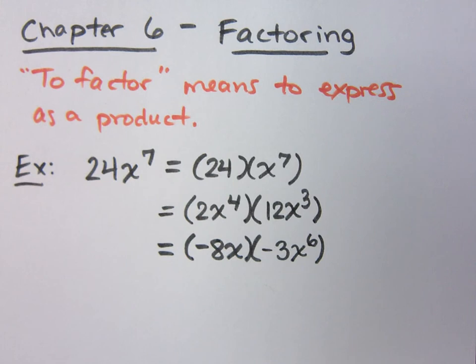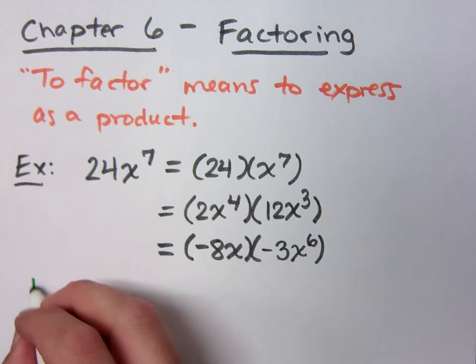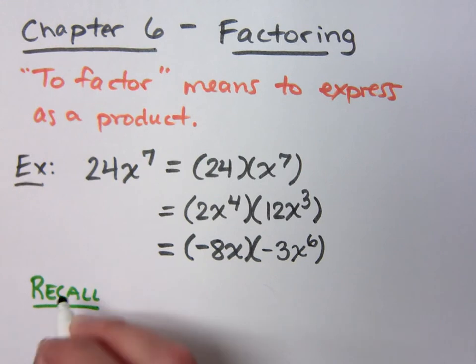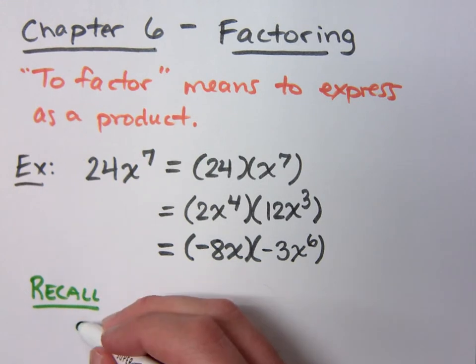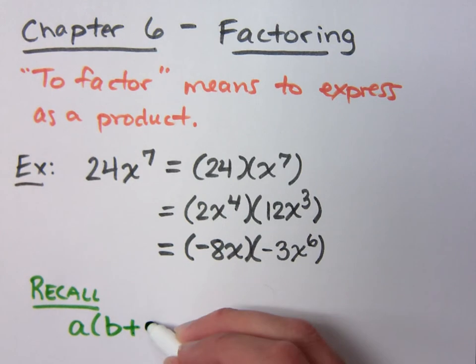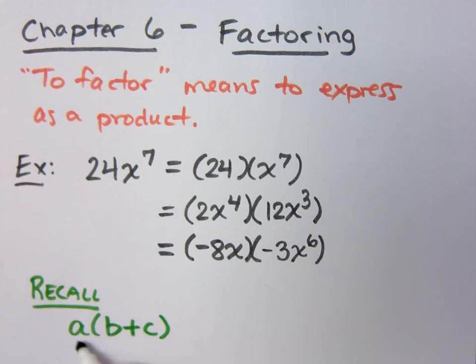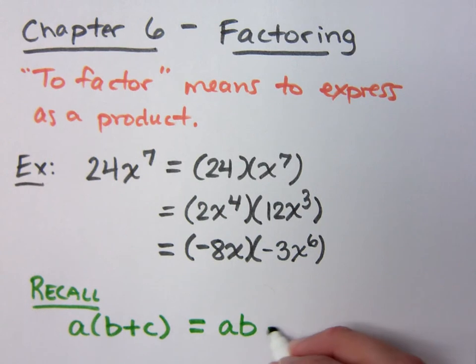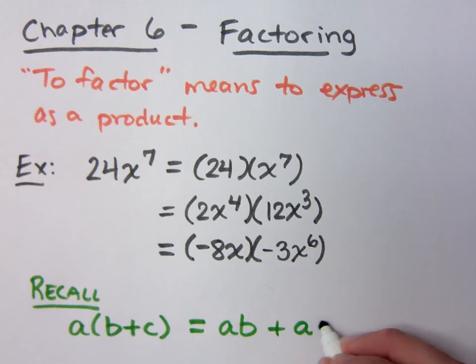Now, a pretty big concept that we've had before is the distributive property. You guys remember that guy? Remember how I would take a product, multiplying across addition like this, and when I did that I would get AB plus AC.